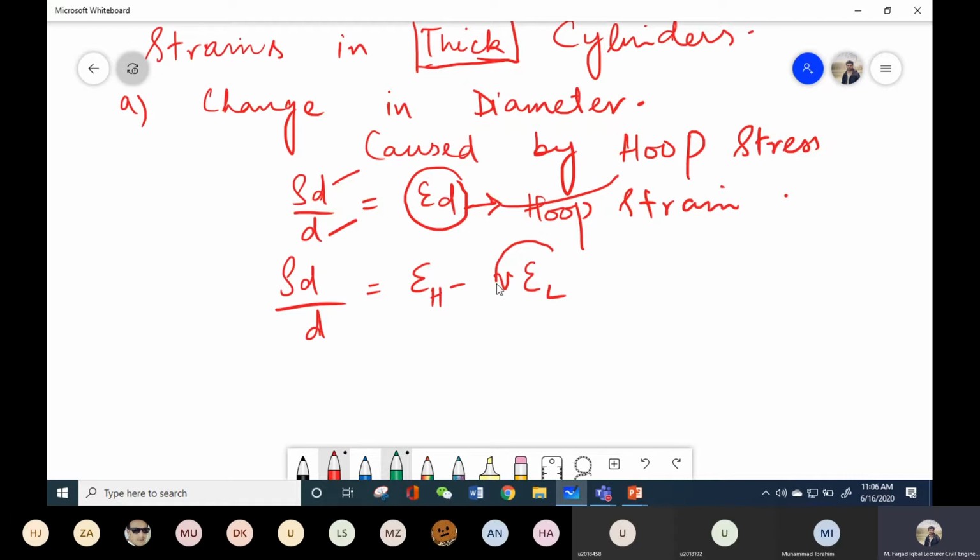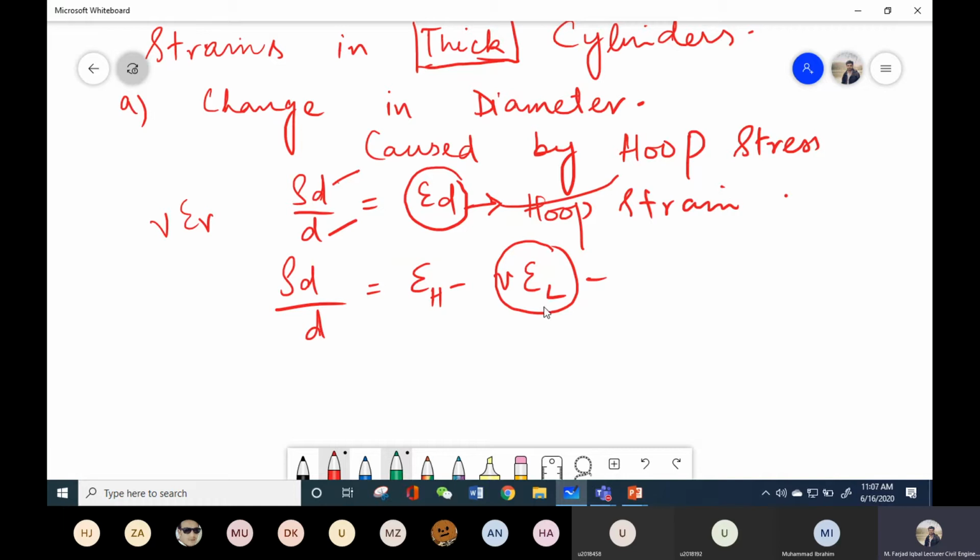So that reduction is shown by these vectors. Now, if hoop strain is our original strain, it will produce small strain in the longitudinal direction, but the only difference between thin and thick cylinders is that in the case of thin cylinder, we neglected the radial strain. So the formulation was only epsilon H minus mu into epsilon L.